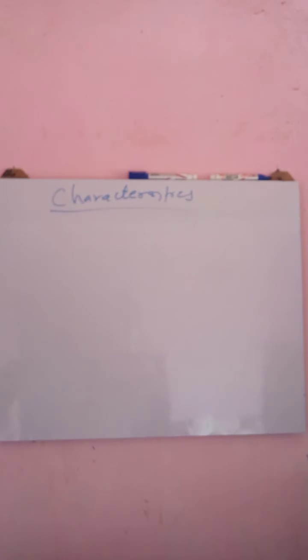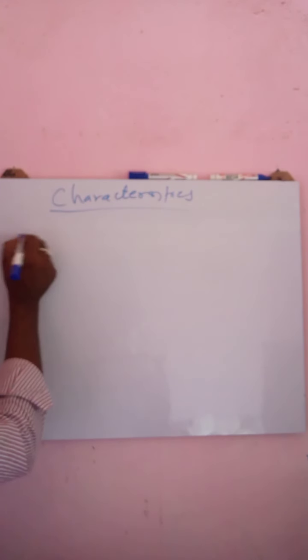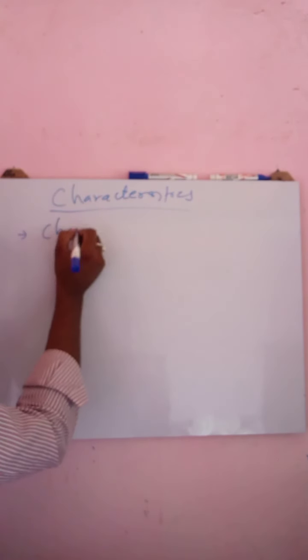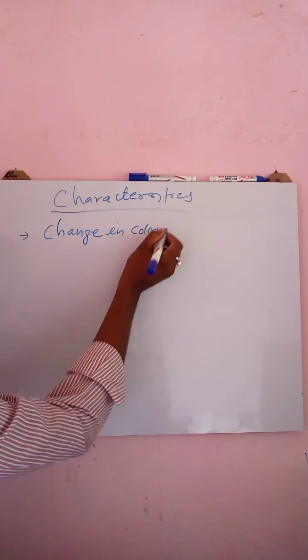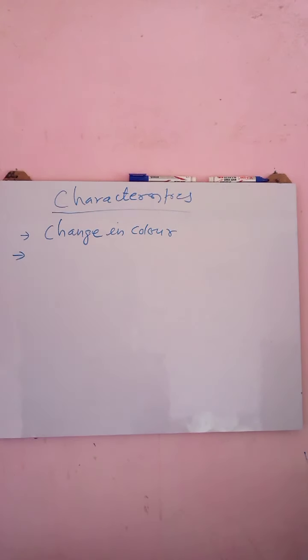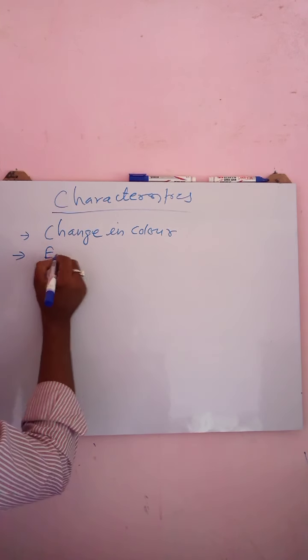A chemical reaction takes place with the help of some external characteristics, or you can say indications. These characteristics or indications are, number one, change in color. Number two is evolution of gas.